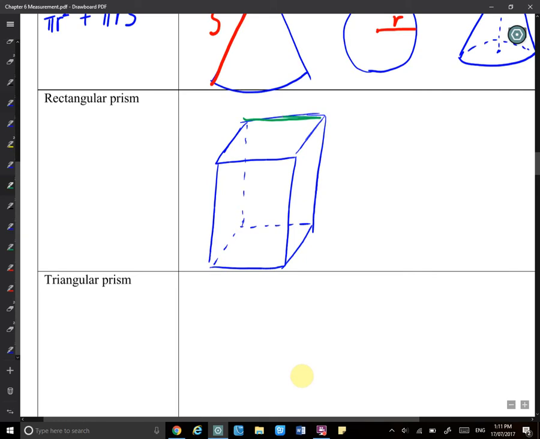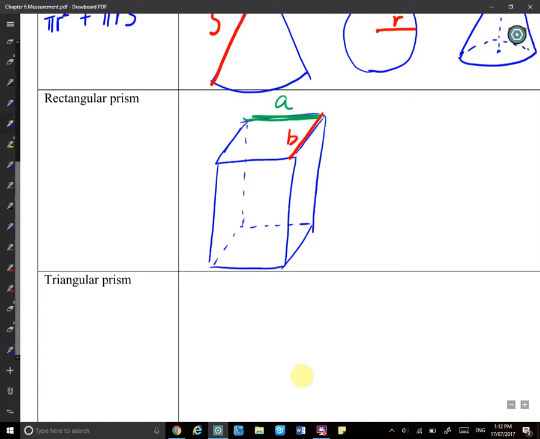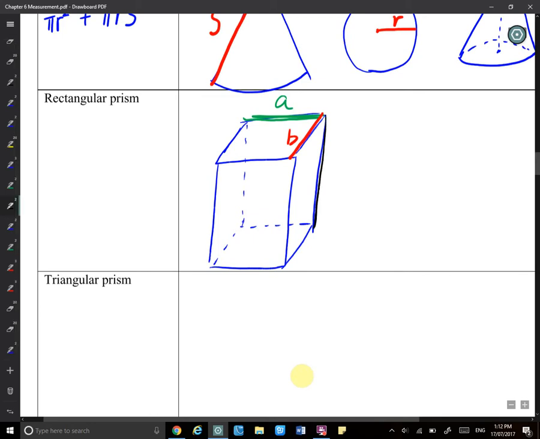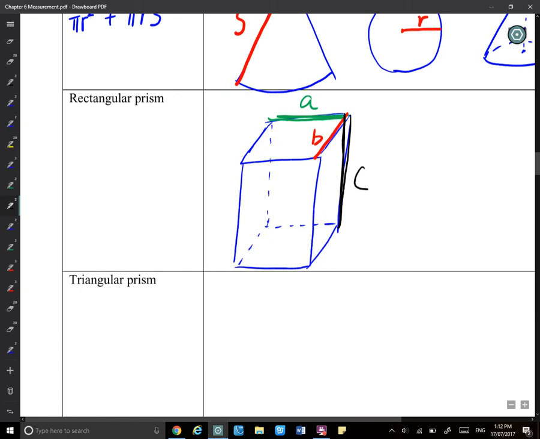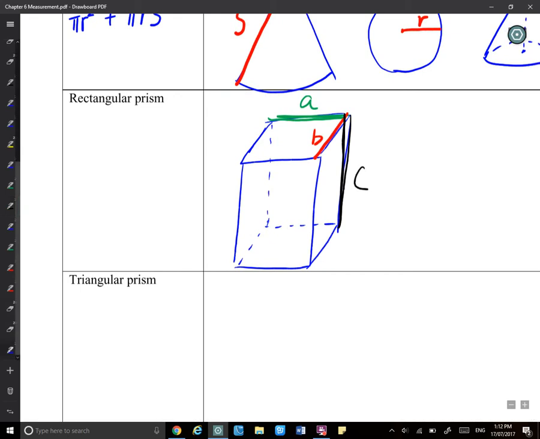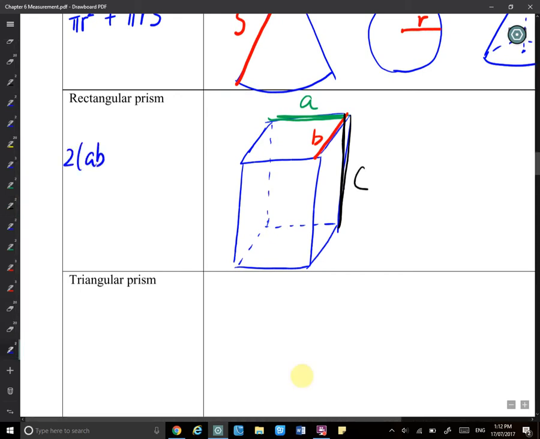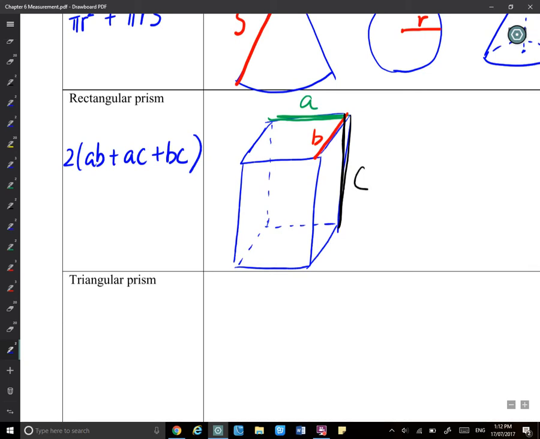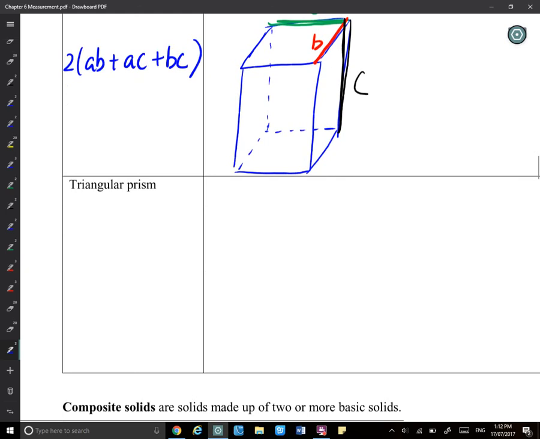Let's say that is length A, that is length B, and that is length C. So it's 6 faces. This is the easiest one. So we have 2AB plus BC plus AC. It's 6 faces in total. This is easy, we're not going to talk about that.